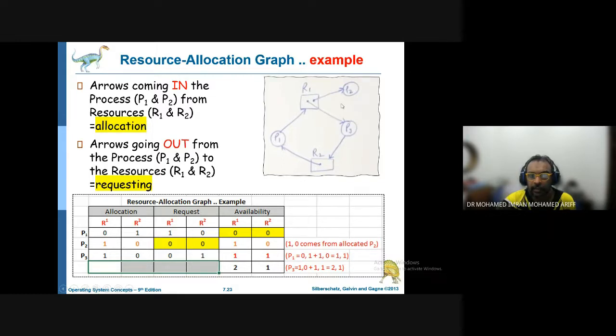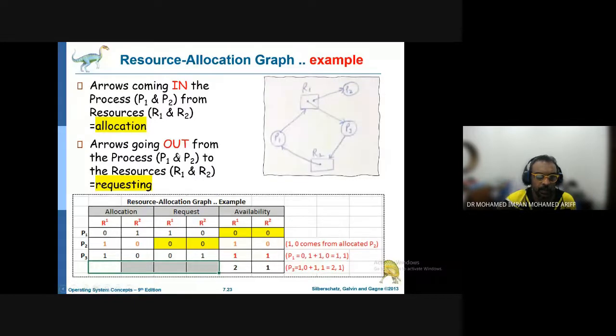If you have anything coming out of the process, it means that process is requesting a resource. So from this diagram we can say P1 is requesting R1, and P3 is requesting R2.